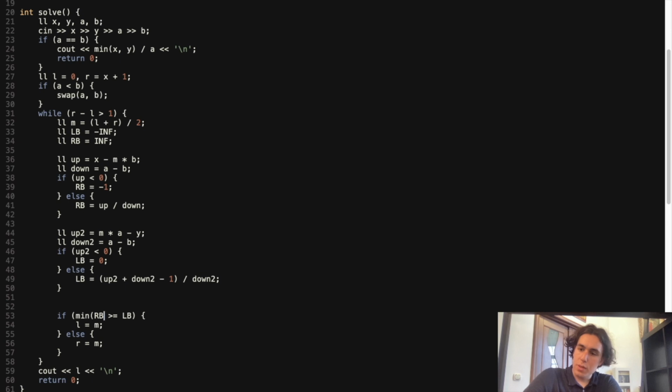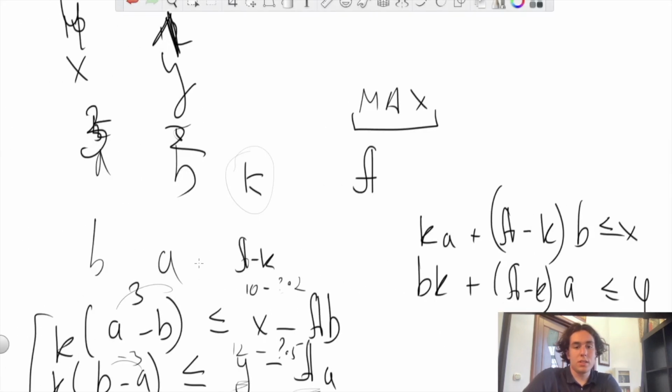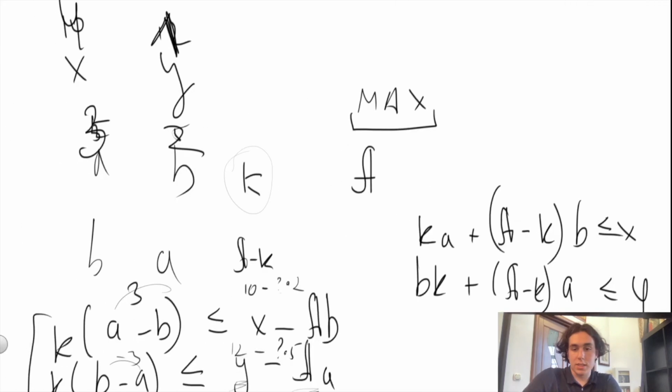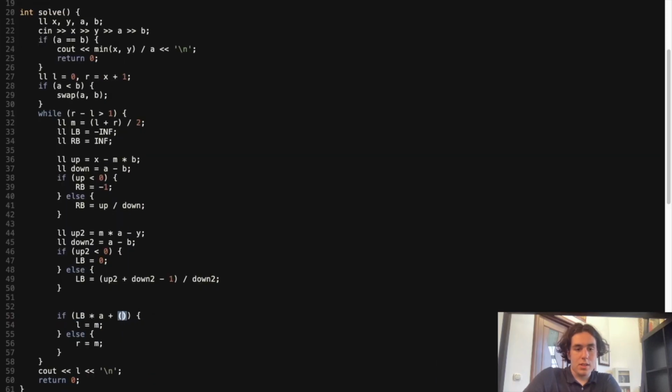Minimum of right bound. No, wait. Left bound. Okay, let's just check. That's left bound multiplied by A plus, no, wait.